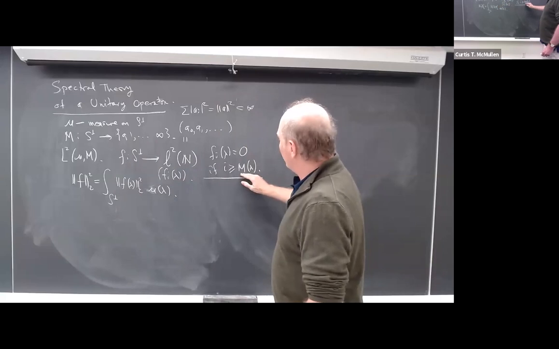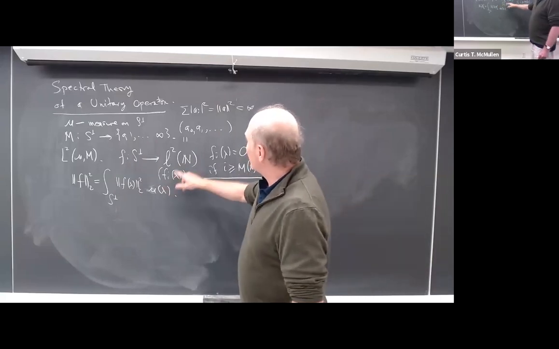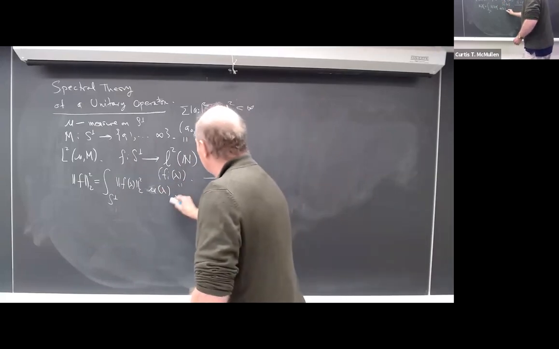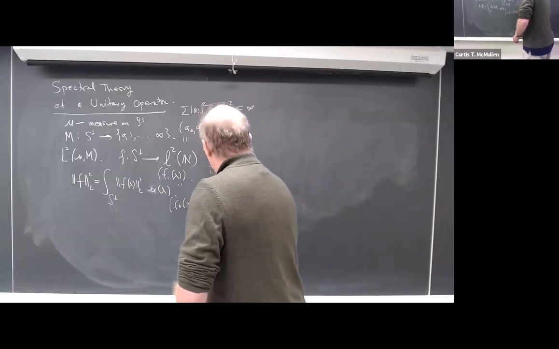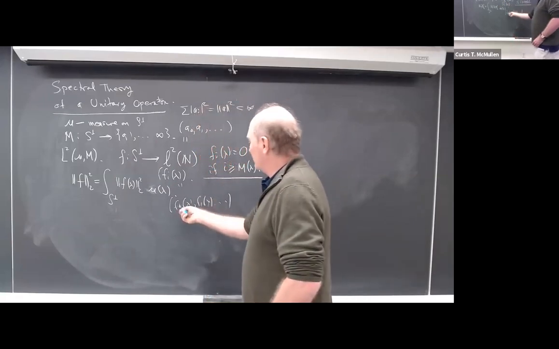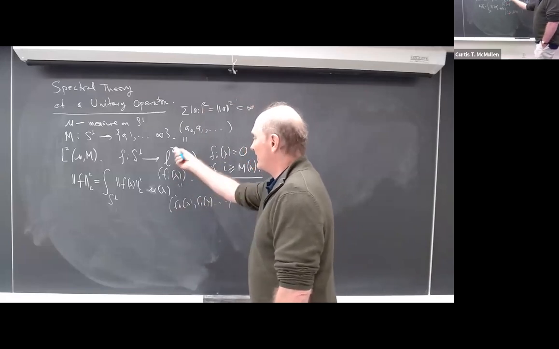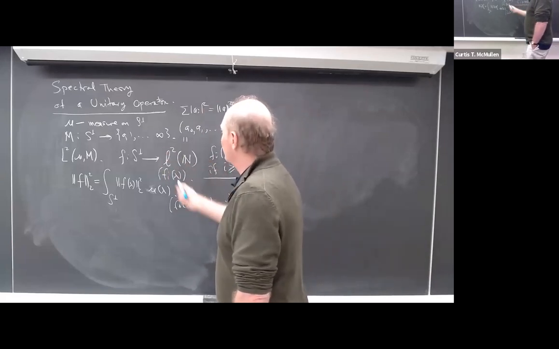So over the locus where m is equal to 1, only F0 is allowed to be non-zero. Remember, this is F0 of lambda, F1 of lambda, etc. So over the locus where m is 1, F takes values in a one-dimensional space. Where m is 2, it takes values in a two-dimensional space. But where m is infinite, it's allowed to use the whole space, little L2.